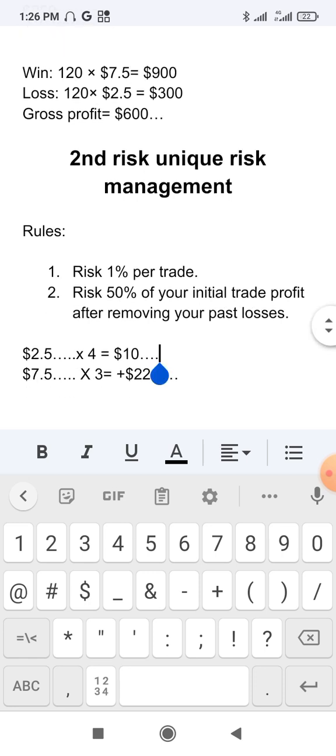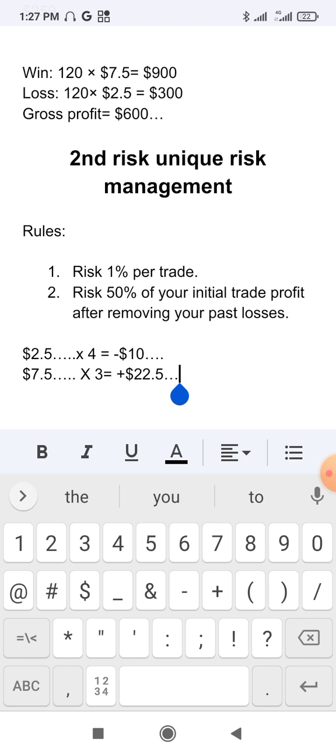Let me explain again. This first 2.5 times 4, 2.5 is the risk on each trade, and you lost it. So we have minus $10 down on your account.